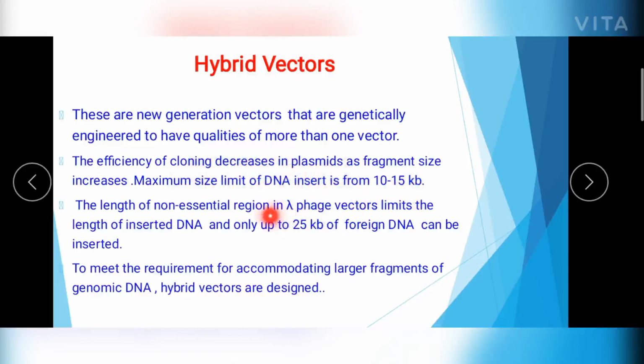And if you take lambda phage vectors, there is a size limit. You can remove the non-essential region and only up to 25 kb of the foreign gene can be inserted. So in order to meet the requirement and also to accommodate large DNA fragments, these hybrid vectors are designed.